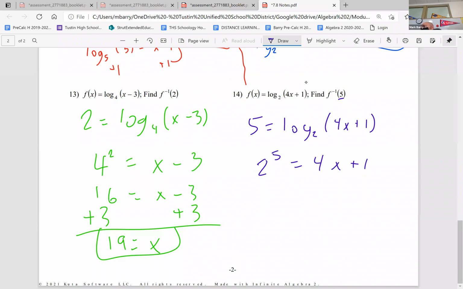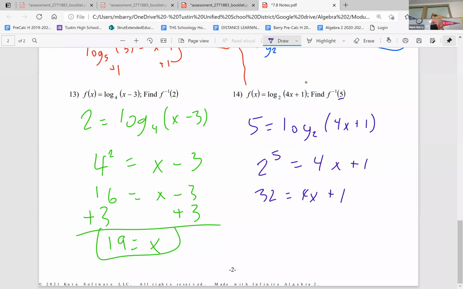Two to the 5th power is not 10. It's 2 times 2 times 2 times 2 times 2. So it'd be 2, 4, 8, 16, 32. You could use a calculator for that if you want, right?